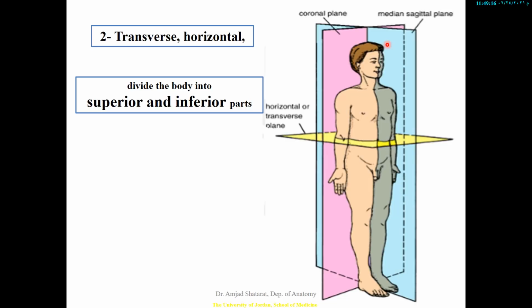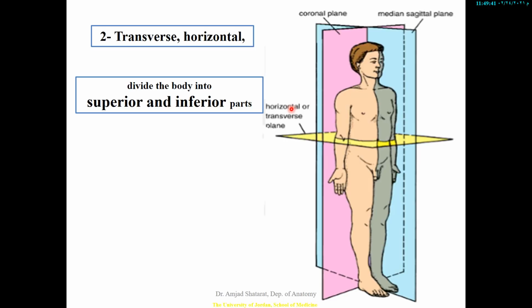So if I were to ask you which plane divides the body into right and left parts, you would answer the sagittal plane. And if I were to ask you which plane divides the body into anterior and posterior halves, that would be the frontal or coronal plane.